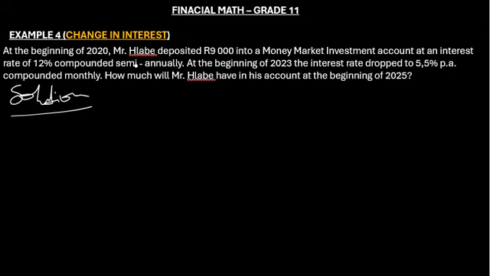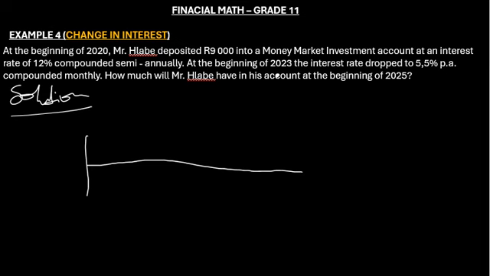So this is Mr. Hlabe. Let's draw our timeline first. At the beginning of 2020, Mr. Hlabe made a deposit of 9,000 Rand, compounded semi-annually.